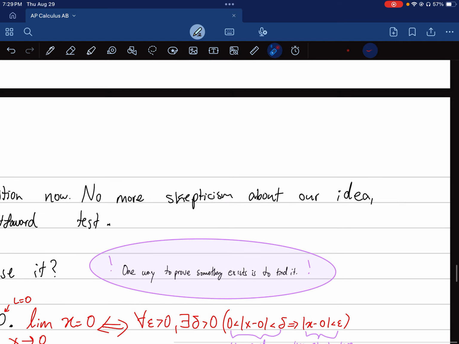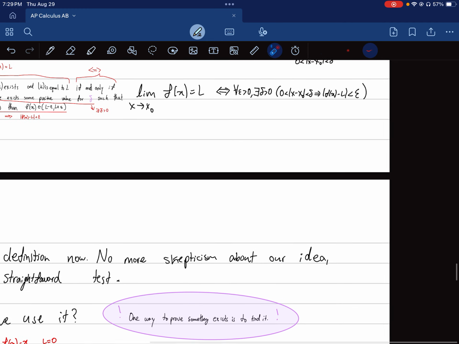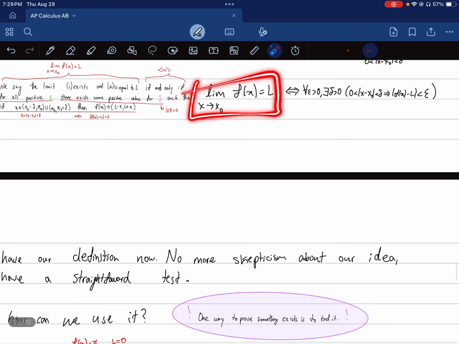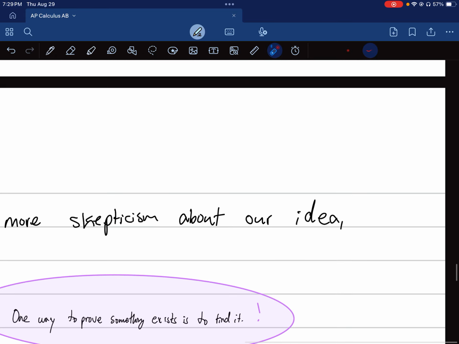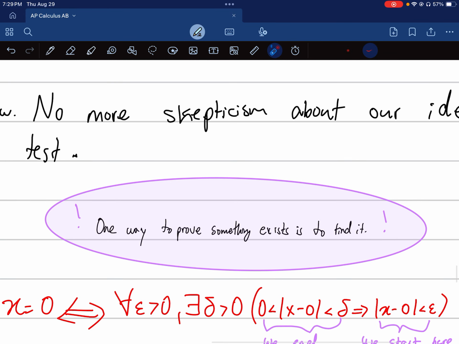So first, let's look at what we have to prove. If we want to prove this is true, we have to prove that for any epsilon given, there exists a delta. Well, one way to prove something exists is to actually find it.